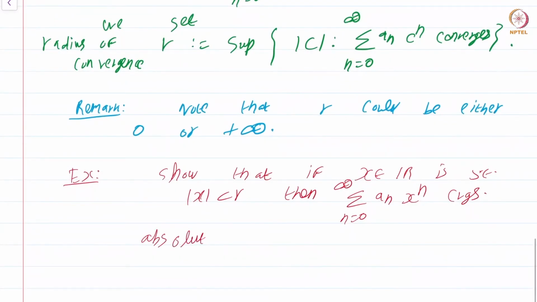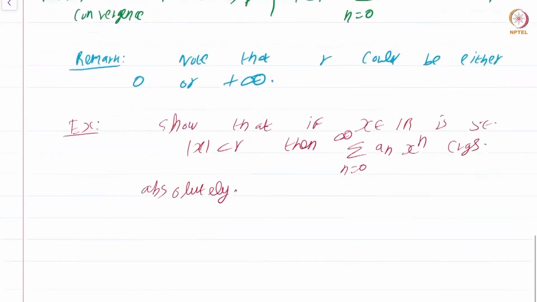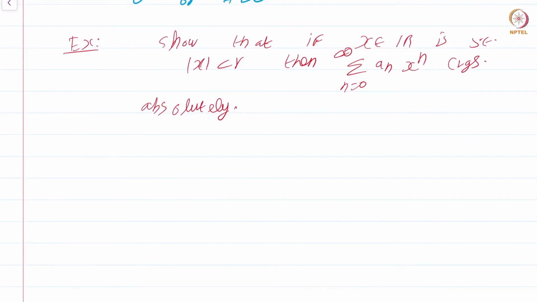It follows immediately from the definition of the radius of convergence and the fact that whenever you have a point of convergence c, then for all points whose absolute value is less than mod c, the series converges. Essentially, the previous proposition plus the definition of radius of convergence will immediately deliver the proof.